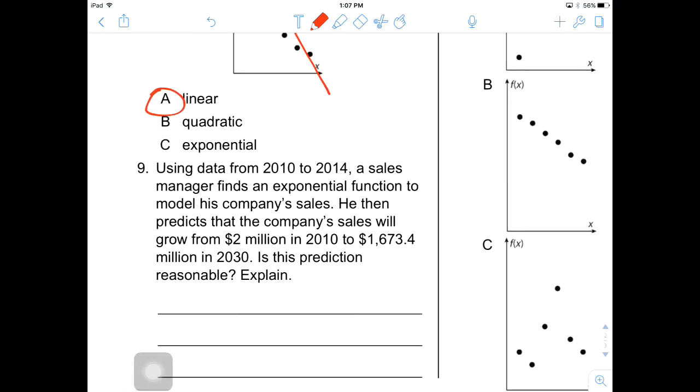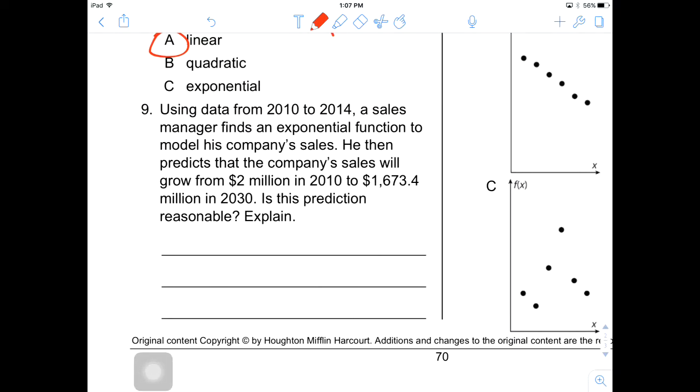And that's the answer. Number 9, using data from 2010 to 2014, a sales manager finds an exponential function to model his company's sales. He then predicts company's sales will grow from 2 million in 2010 to 1,673.4 million in 2030. Is this prediction reasonable?